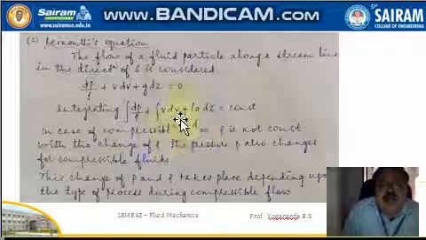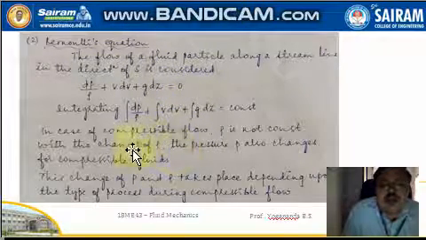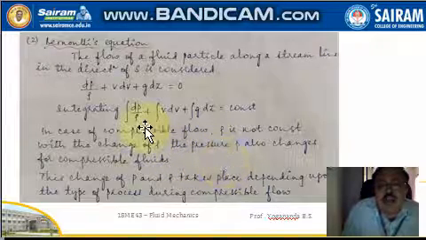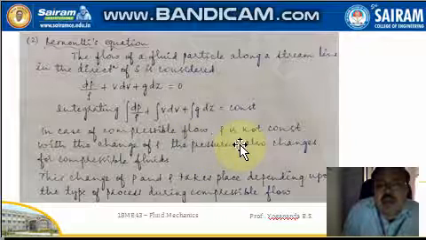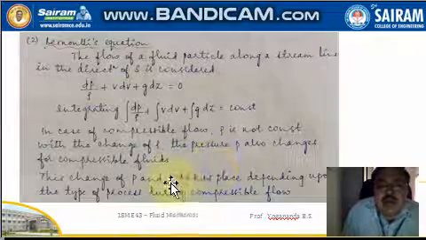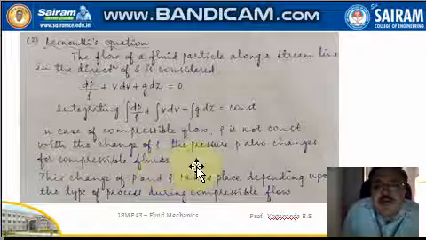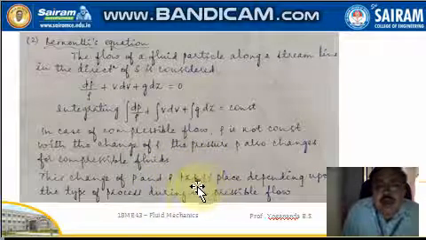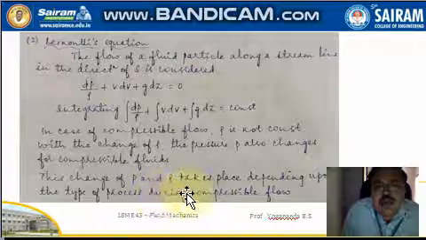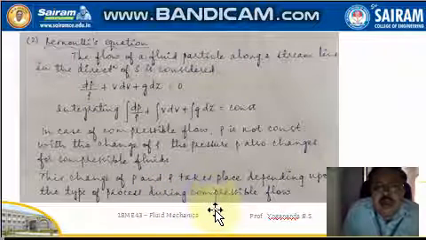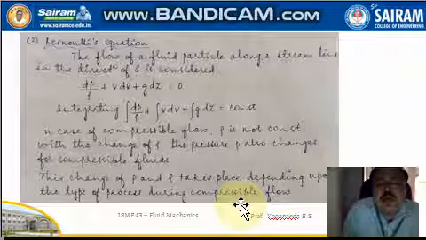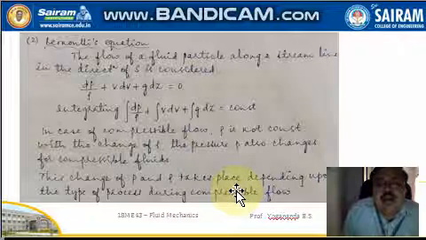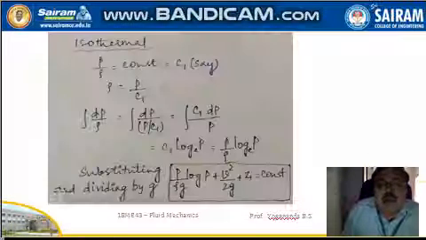But now, since the flow is considered compressible, if the flow gets compressed, density is not the same, so it is not constant. With the change of density, the pressure P also changes for compressible fluids. This change of P and rho takes place depending upon the type of process during the compressible flow, whether adiabatic or isothermal.